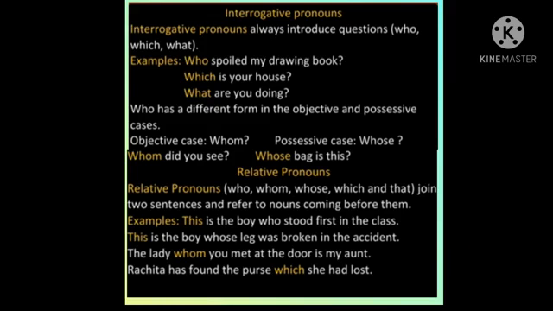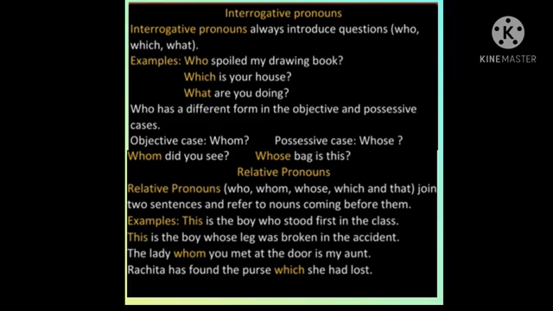So here we are just combining the sentences and we can see the subject also just adjacent to the relative pronoun. Then the last one, Rachita has found a purse which she had lost. So we can divide the sentence like Rachita has found a purse, then which she had lost. Together we are combining with the help of the relative pronoun which.